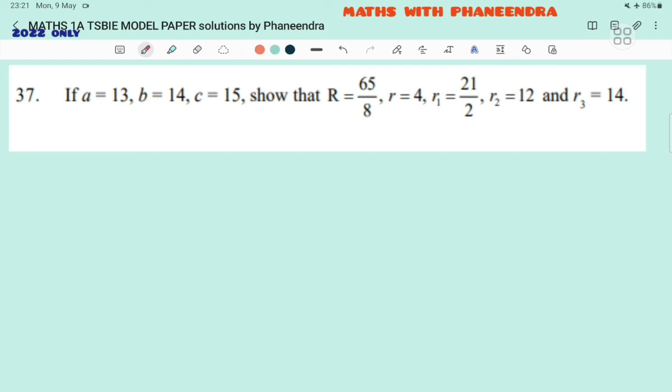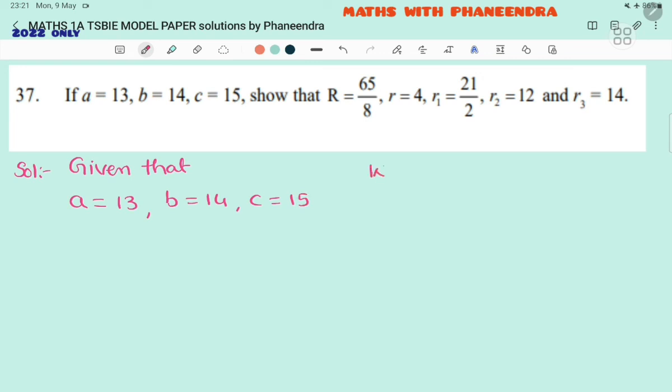From that we can easily calculate the other values. So first, write the given information: a is equal to 13, b is equal to 14 and c is equal to 15.